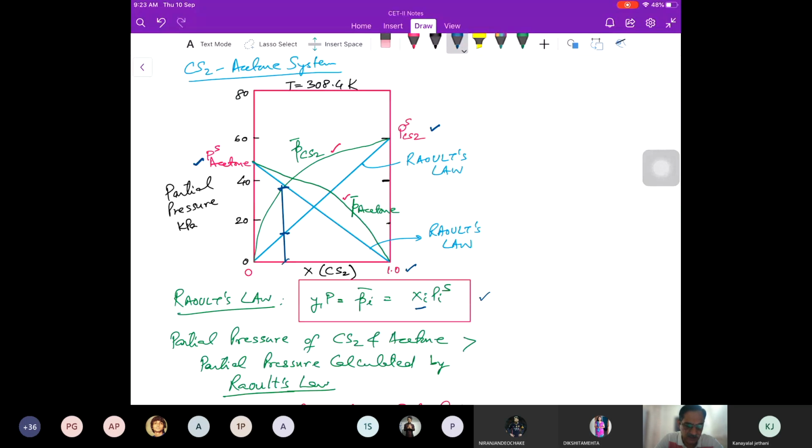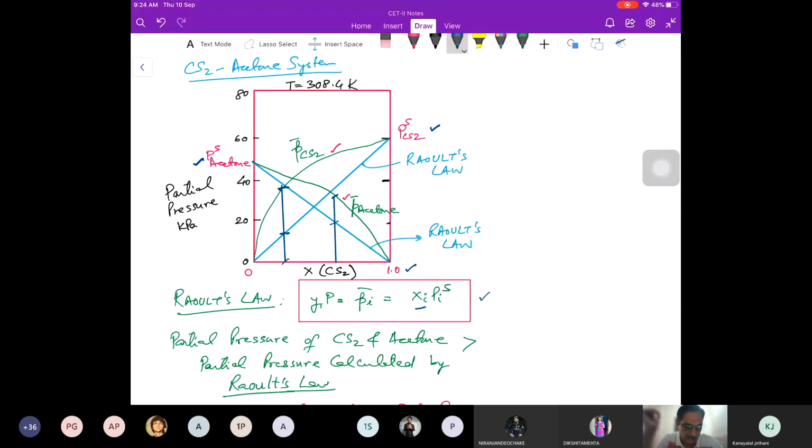So actual is greater than ideal or greater than the value given by Raoult's law. ठीक है? Similarly for acetone, if I draw a line like this is the value given by Raoult's law and this is the value given by actual measurement. So actual is greater than Raoult's law, right? So this is positive deviations from Raoult's law.